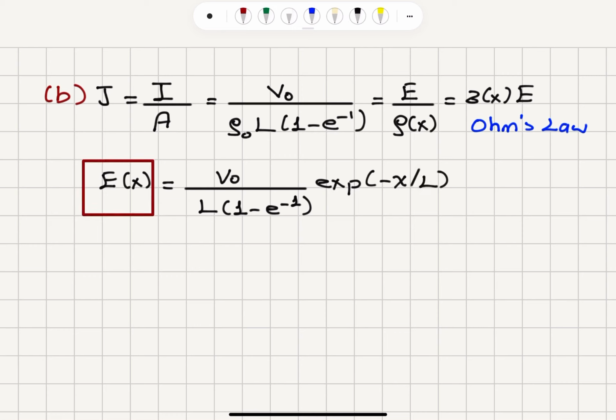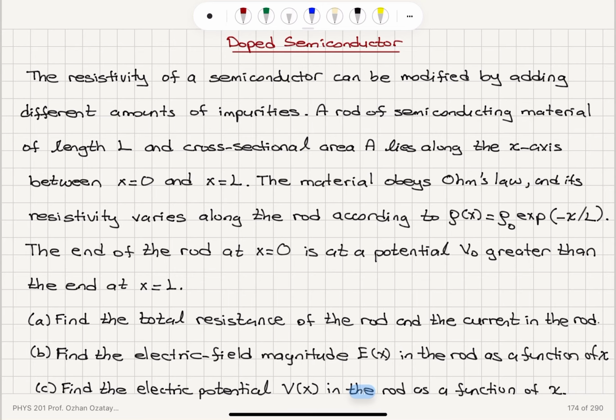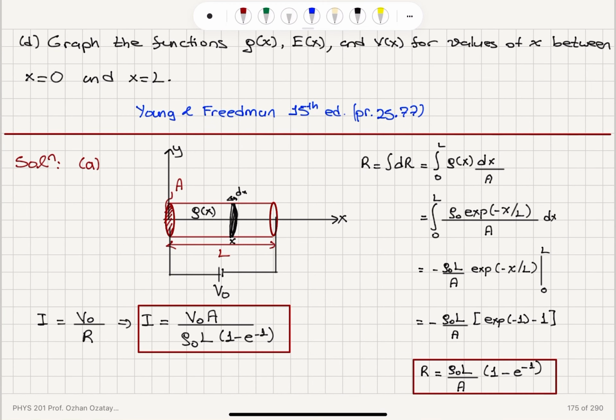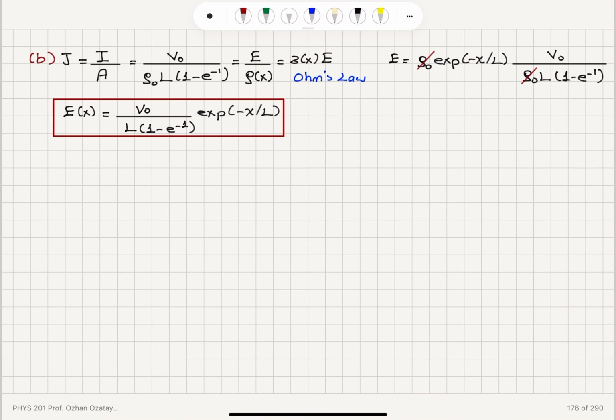And what is the direction of this electric field? The problem asks me the magnitude as a function of x, but because this part is at a higher potential, the electric field will point in the plus i hat direction, from high potential to low potential.